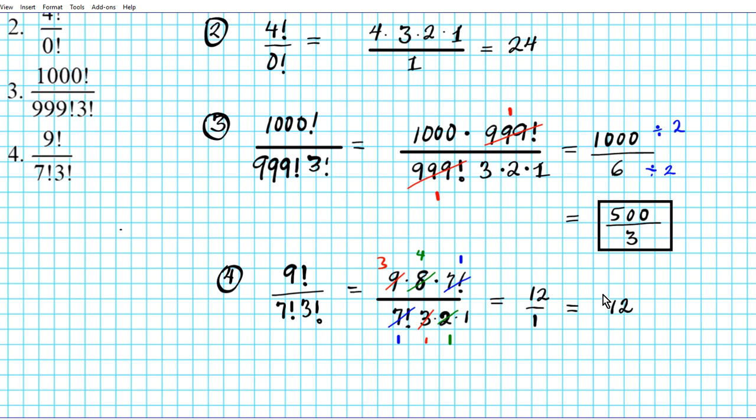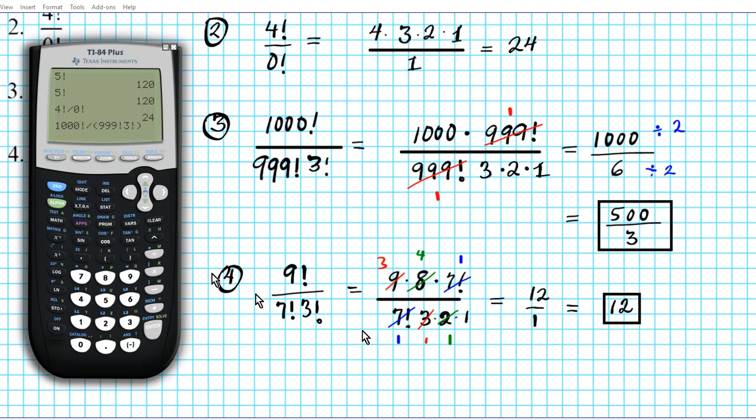Okay, let's take a look at what the calculator has to say about this answer that we just got. We have 9 factorial, 9 math probability 4 divided by, now what do we make sure we have to do in the denominator to avoid grouping errors?